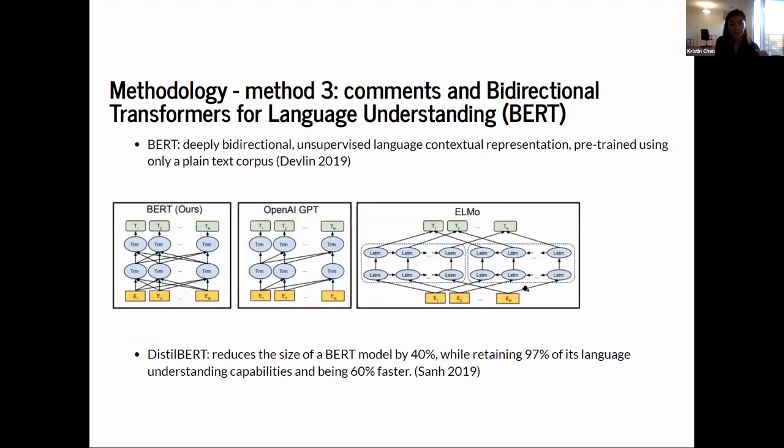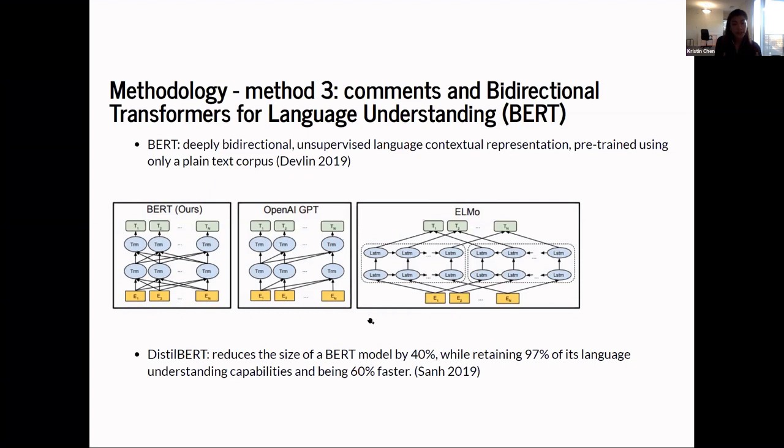Next slide, please. And the third method is that we try to go fully automated. We fit the pure comments, no preprocessing, no cleaning, no extracted features, into BERT. BERT stands for Bidirectional Encoder Representations from Transformers, and it's a state-of-the-art deep learning NLP model released by Google in 2018.